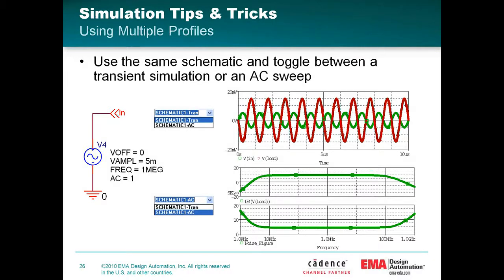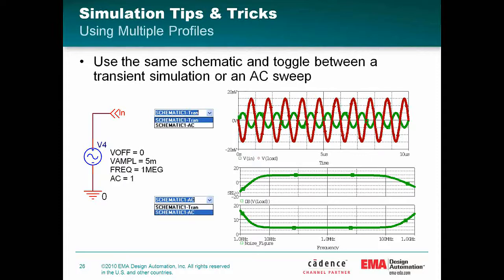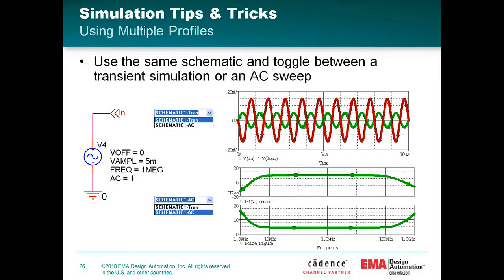So one could correspond to a transient response, another could correspond to an AC response, where you're doing a frequency response or something like that. It's very simple. Just create another simulation profile, and that affords you the ability to simulate the same circuit with just a different simulation characteristic. It saves you from having to recreate things and keep things more isolated in separate circuits or separate designs.